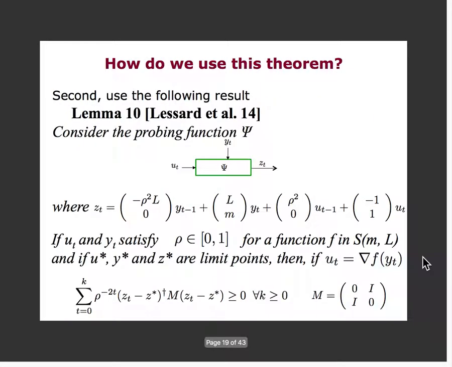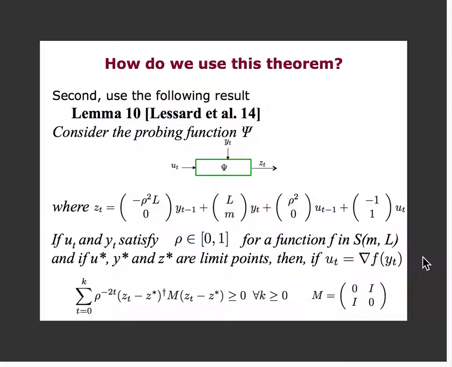And now we're going to use this lemma again by Lessard that already tells us what probing function we should use. If I define a probing function in this way, which receives u and y and is a linear function of y and u, and if I define u to be the gradient of f, where f is a function that is strongly convex with Lipschitz gradients, then I'm guaranteed that the first part of the property of these constraints holds for this matrix M here.